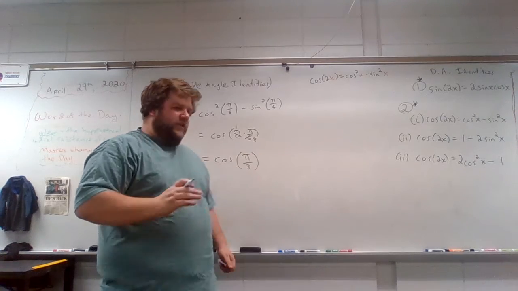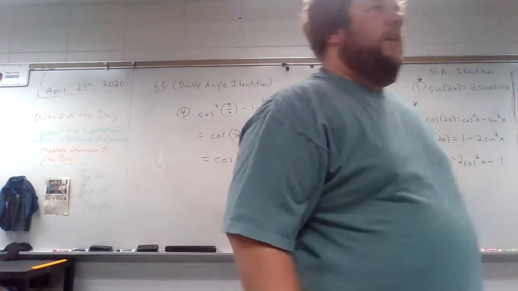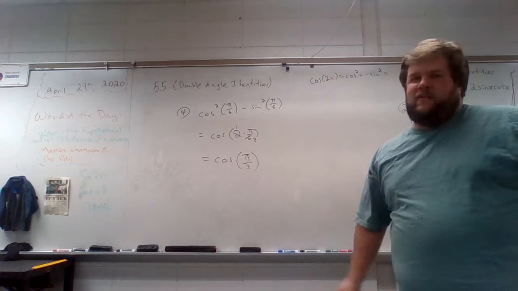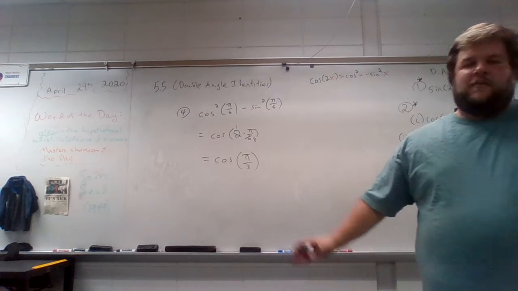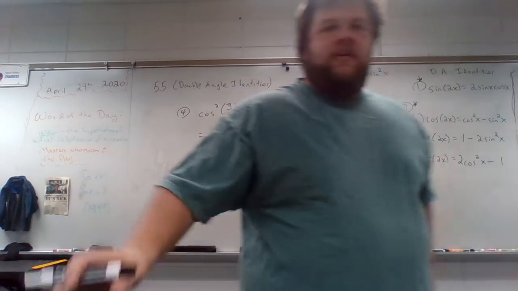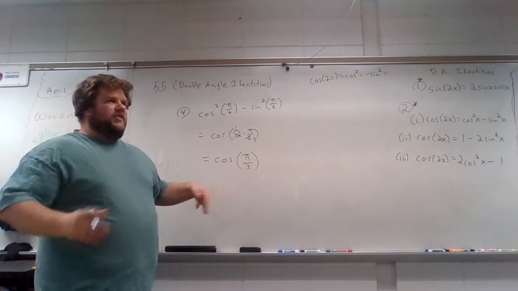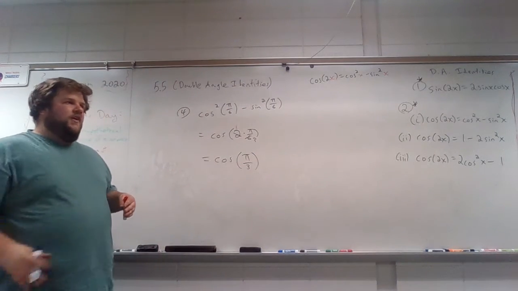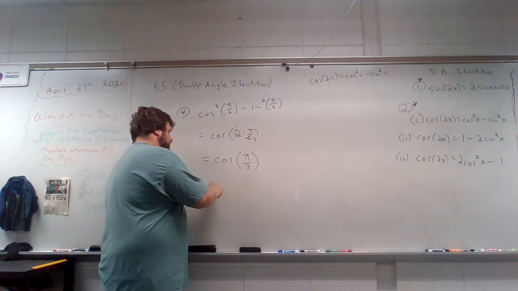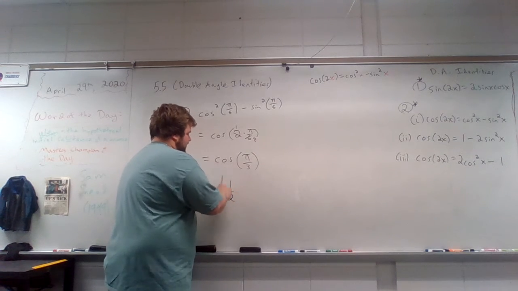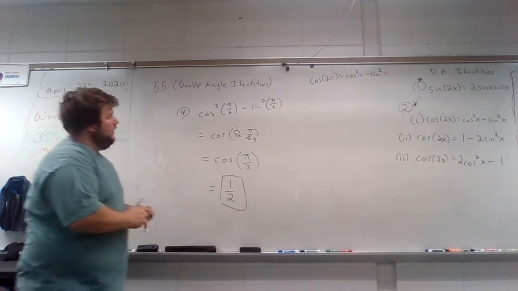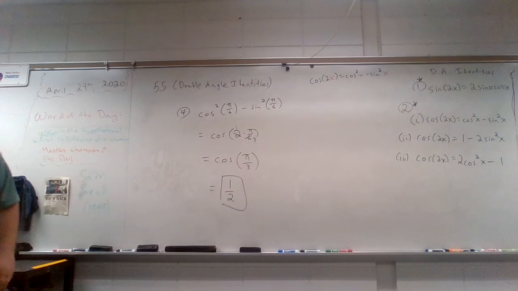Now, hopefully you have a unit circle, you have thought about this. At least hopefully you know that pi over 6 is 30 degrees. Pi over 3 is 60 degrees. So this really boils down to what's cosine of 60 degrees. Cosine of pi over 3 radians, that's 1/2. Okay, so kind of neat.